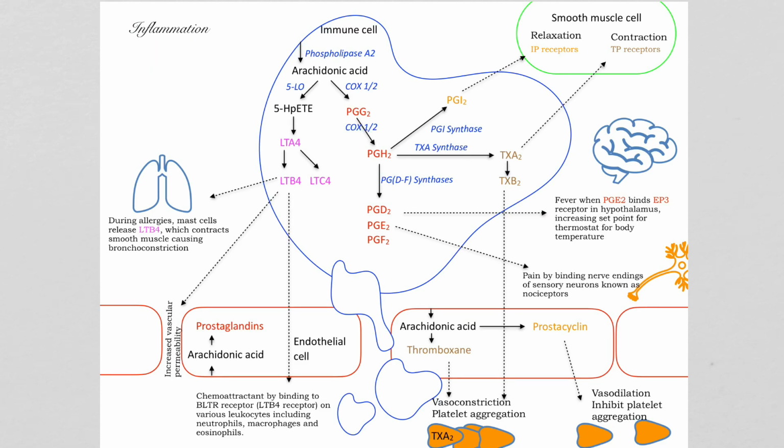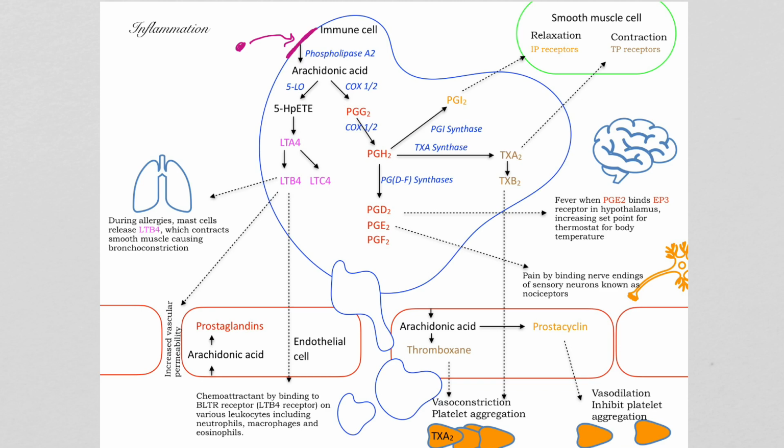So in this slide, you can see partly how these different eicosanoids are synthesized, just an overview. Let's say there is a tissue injury or some sort of stimulation, mechanical or chemical. Remember, these arachidonic acids are in the cell membranes.